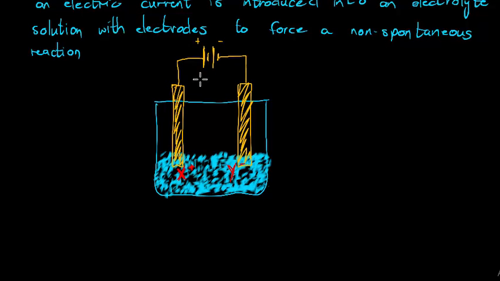Now what is going to happen here is that electrons are going to be supplied by the negative side of our cell or our battery. So electrons are going to flow in this direction, and that is going to cause this electrode to receive electrons.